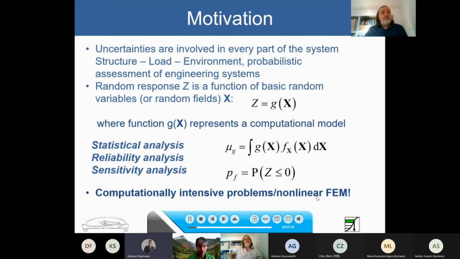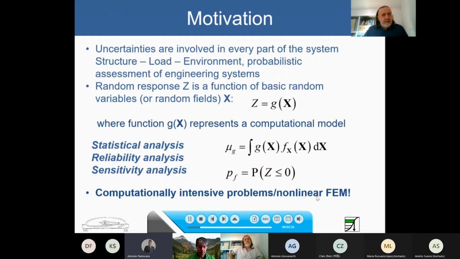Random response Z is a function of basic random variables or random fields assembled in vector X. And the function G(X) represents a computational model which can be quite a simple formula, but it can be a very, very time demanding, complicated computational model. But generally, we are interested in statistical analysis, for example, calculation of the mean value of the deflection of the cable-stayed bridge, or standard deviation of the ultimate capacity, etc.